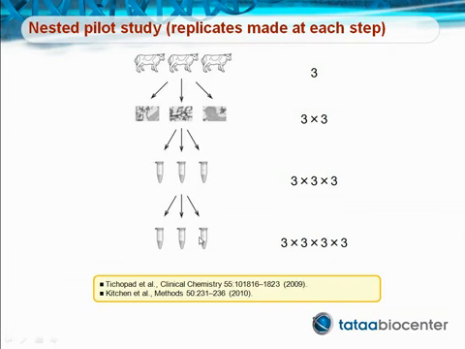This identifies steps that shall be improved or further optimized, and also helps designing and cost optimizing the subsequent larger study. A 4-level nested study with 3 aliquots taken at each level requires 3 by 3 by 3 by 3, which is 81 measurements. This readily fits in a single run.